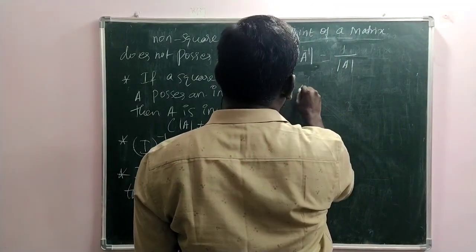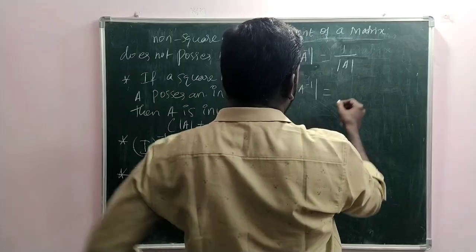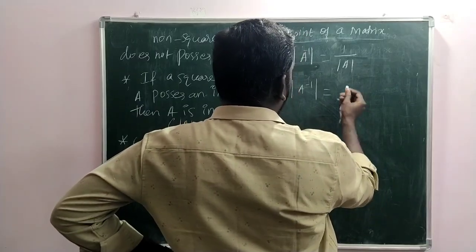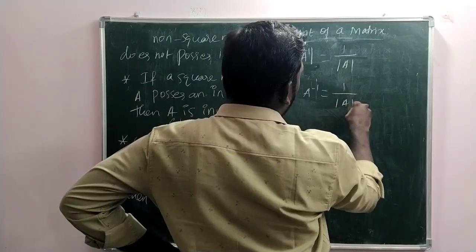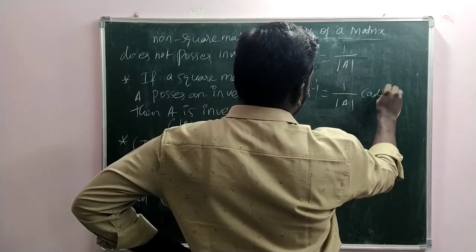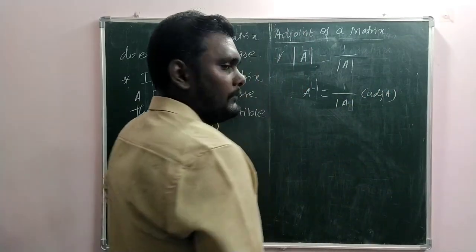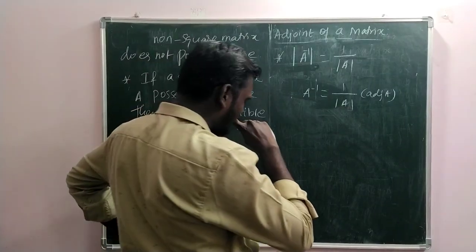That determinant of A inverse: what is the formula for A inverse? 1 by determinant of A into adjoint of A. We are saying it is a determinant of order n by n.